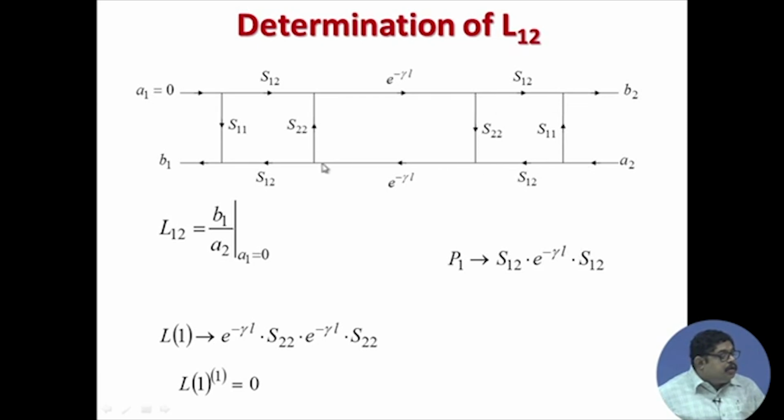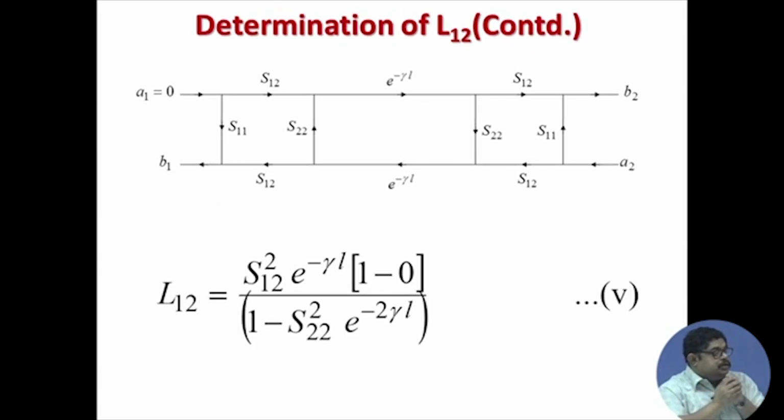I can go here, I will get stuck. So, there are no other paths. And is there any loop? Obviously, this loop we have seen last time also. L1 is there, but L1 is touching this loop. So, in this case L11 will be 0. So, this is our value of L12.